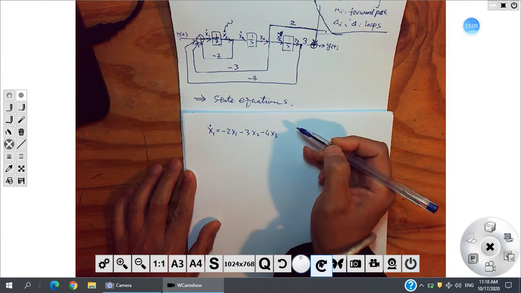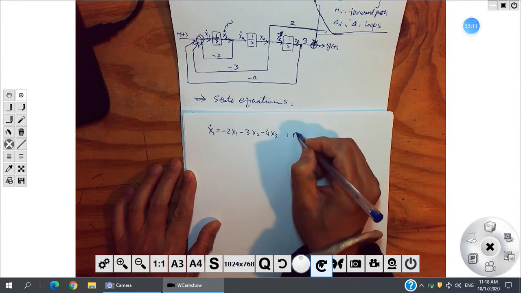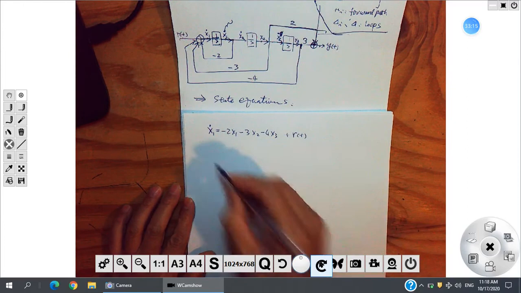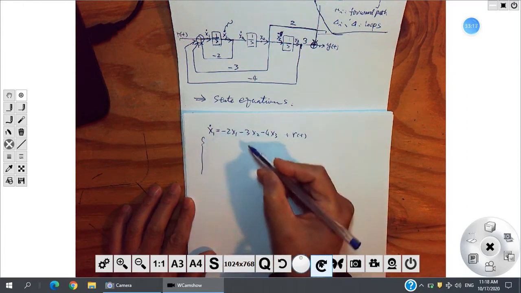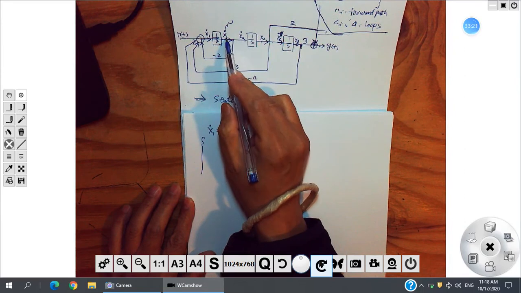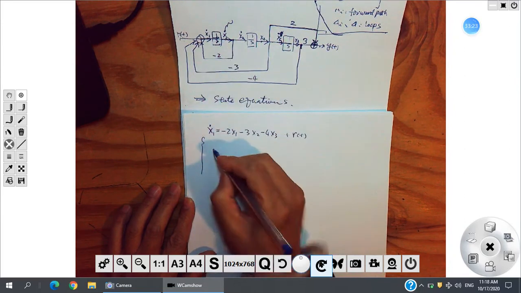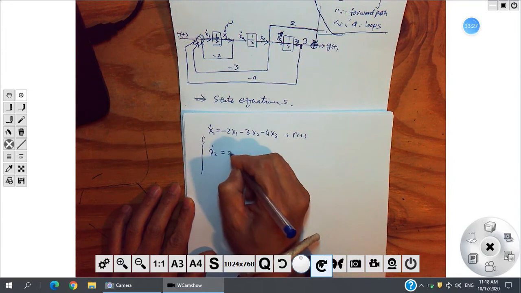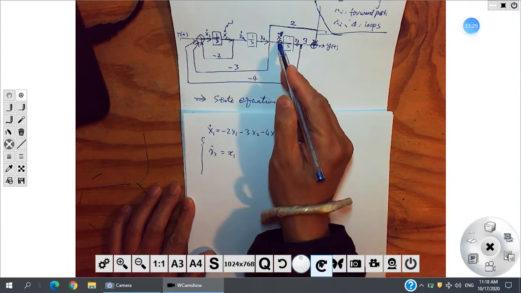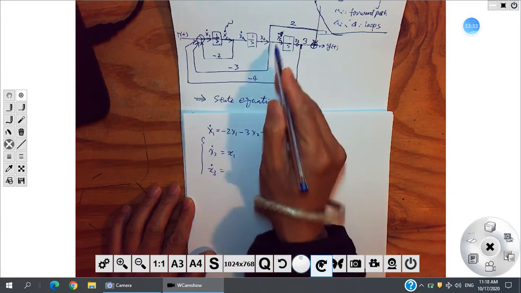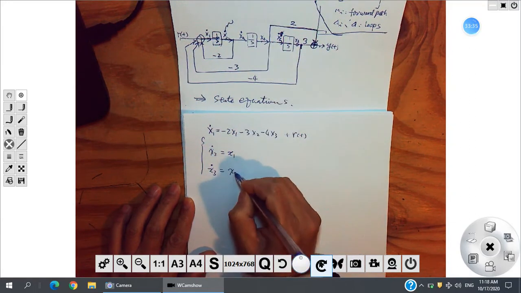And the last one we have input r. This is x1 derivative. And x2 derivative is just x1. And x3 derivative is just x2.